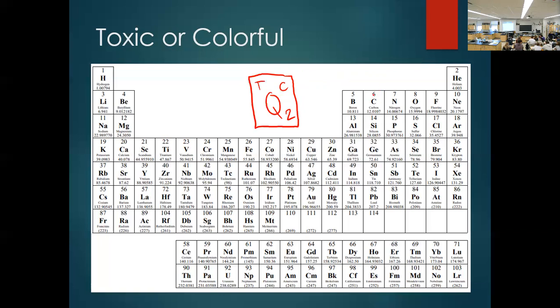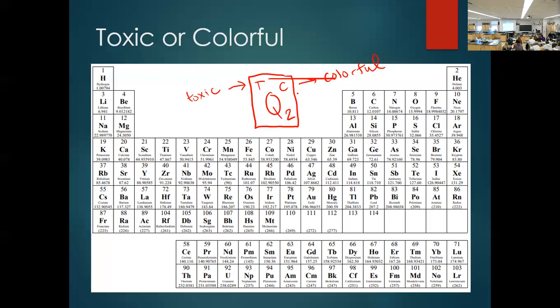All right, so we're gonna have T, C, and our 2 in the Q box. And what I want you to do is draw a little arrow from your T and write toxic. And then for the C, we're gonna put colorful.